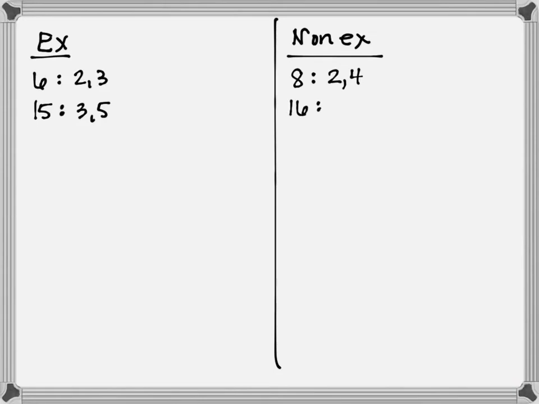16 would be fine. We'll do 16. You could do 16 with that one. Oh, that's better. We'll do it that way. You can do 12 with 3 and 4, but 12 fails with 2 and 6.